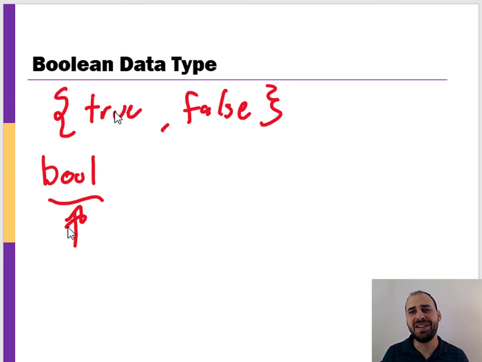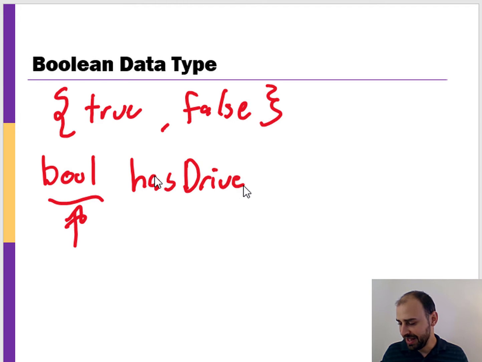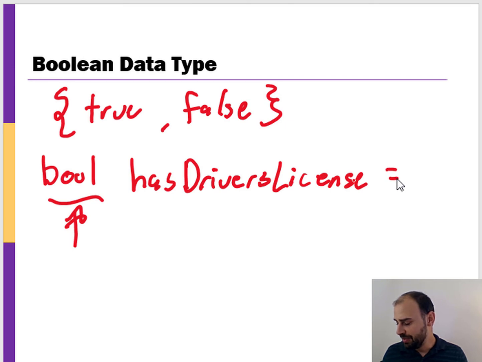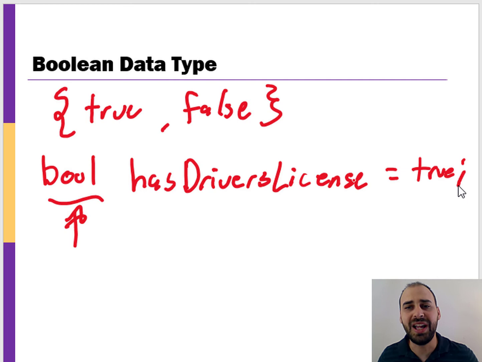So often it might be something like is valid or is male, or something like has driver's license, where you're talking about a true-false condition. Okay, and we're going to indicate it as true or false, so we actually initialize it and use it as a true-false value.